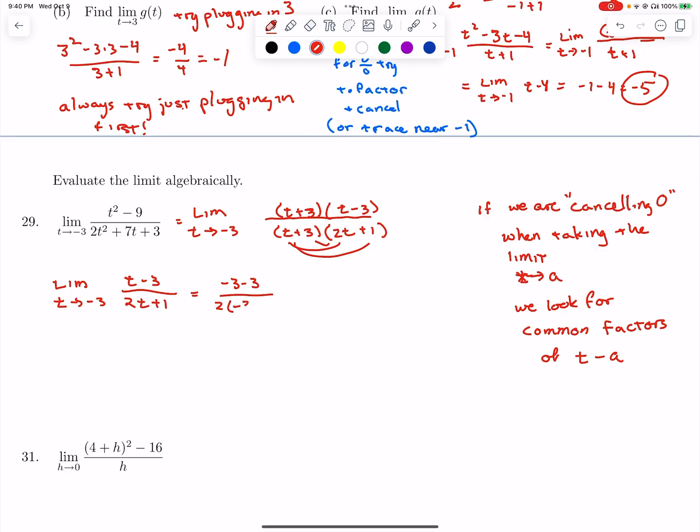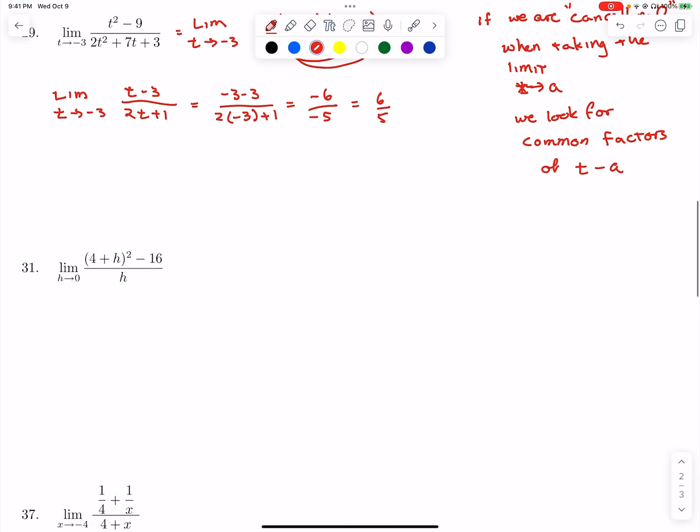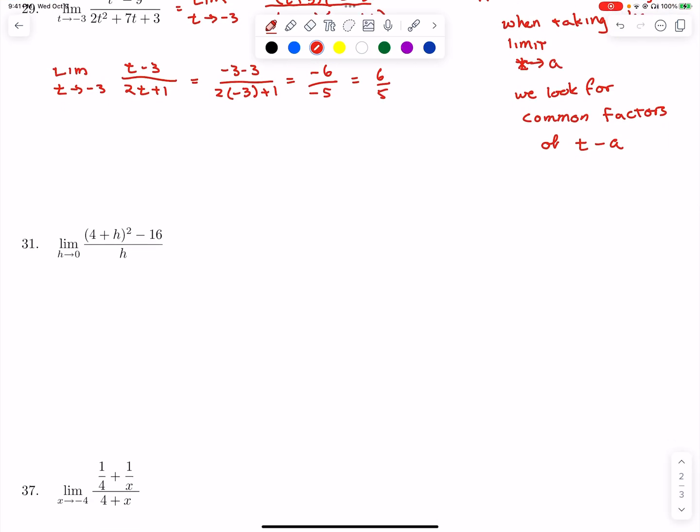You don't need the word limit anymore. And we get 6/5, which if we graph and trace nearby, we should get about 1.2. All right. So the trick on this one, of course, is just simplify the top until we can cancel h.